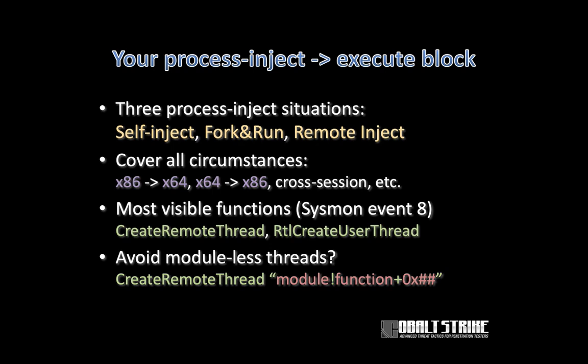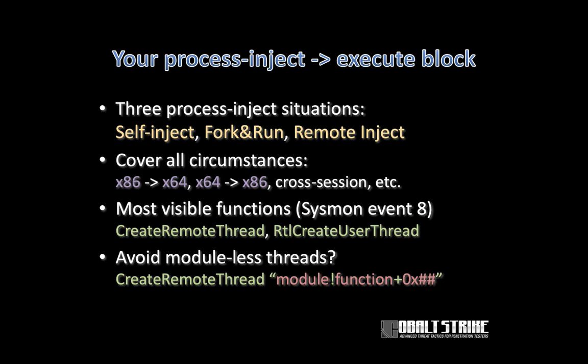Some process injection techniques to run a thread or pass execution to code in a remote process work across desktop session boundaries. Others do not. Some functions are very visible. CreateRemoteThread and RtlCreateUserThread will fire Sysmon event 8. Also be aware that a point-in-time analysis technique to find potential injection is to look for threads that have a start address that is not backed by a module on disk.